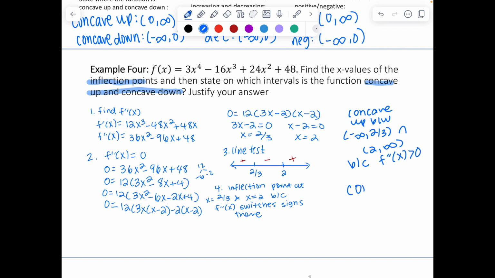And then the final thing would be concave down between 2/3 and 2, because double derivative, I keep doing a double F, sorry. Double derivative is less than 0. And so that's the answer. And so that's all you got to do. So it really should feel similar to the process that you were doing before, but just with the second derivative instead of the first derivative.